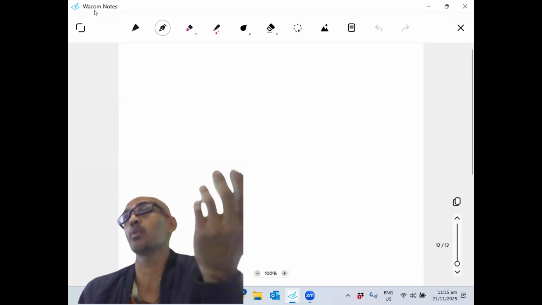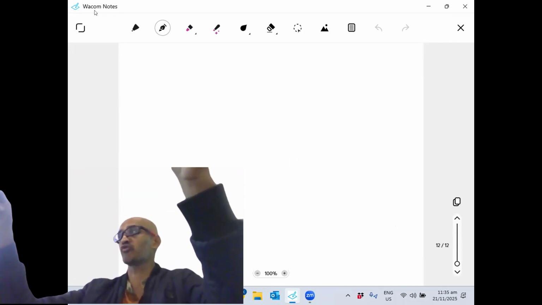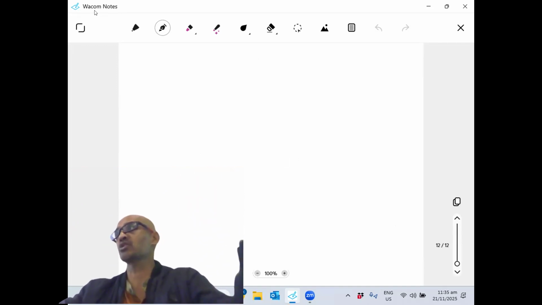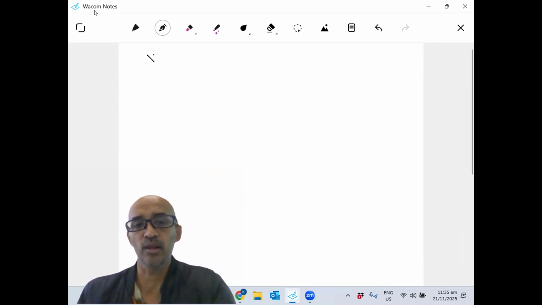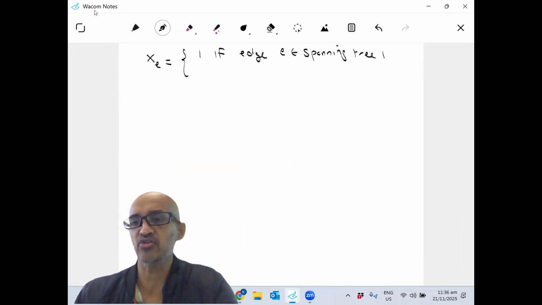What is the natural variable in a spanning tree? You take an edge of the graph. Should it be in the spanning tree or not? So the variable x_e will be 1 if edge e is contained in the spanning tree T, and 0 otherwise.